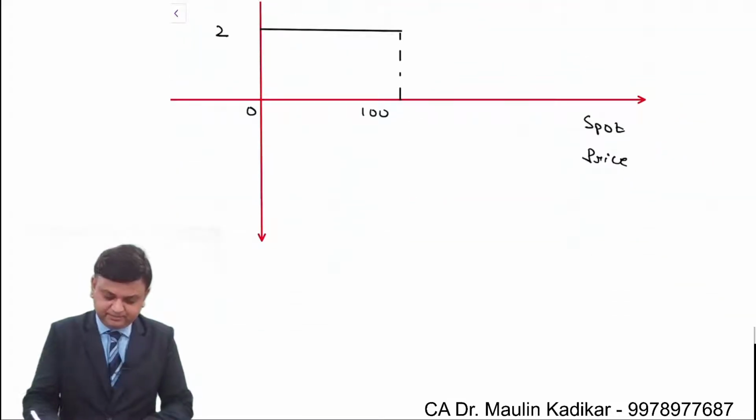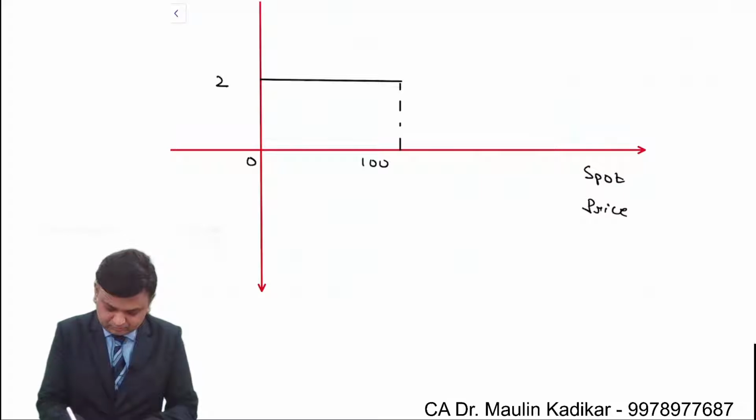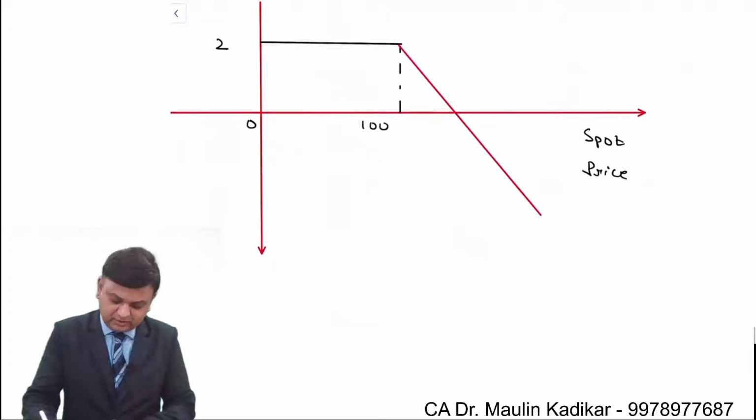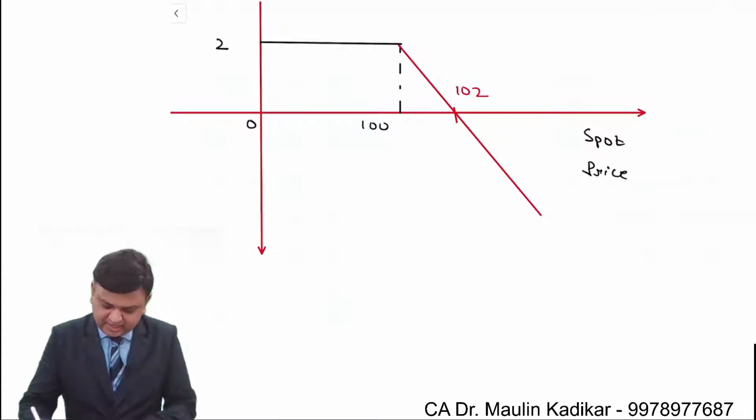So over here, it goes like this. The profit of the company is reducing first of all. There is a break-even point at 102. And at 105, there is a loss of rupees 3. And beyond that, it remains rupees 3 itself.